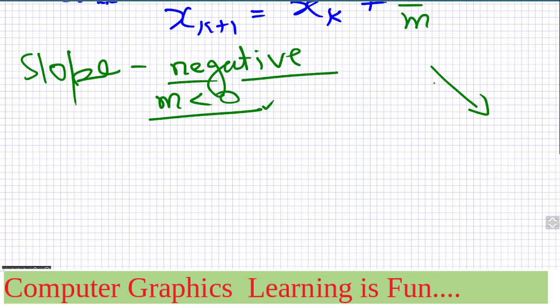Always you have to keep in mind that you are drawing the line from left to right. So this is x1 y1 and this is x2 y2. That's why the slope is negative. Since the slope is negative, in this case what you are going to do is you will have to do this thing.